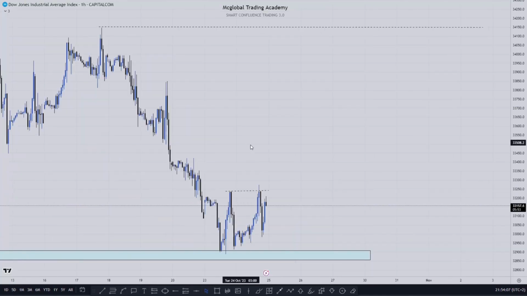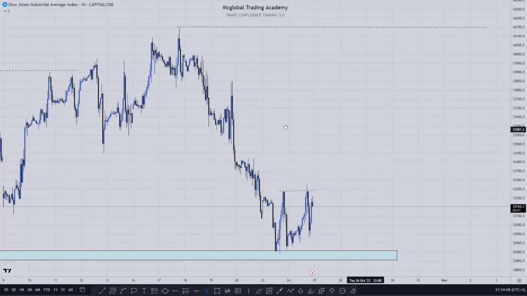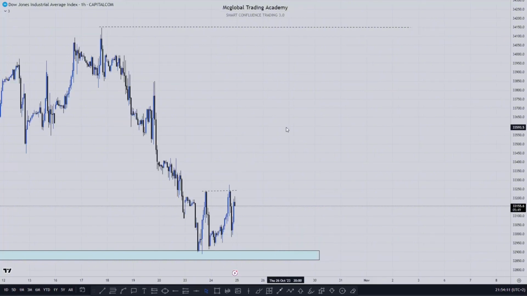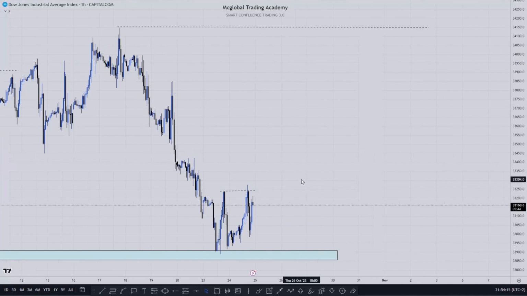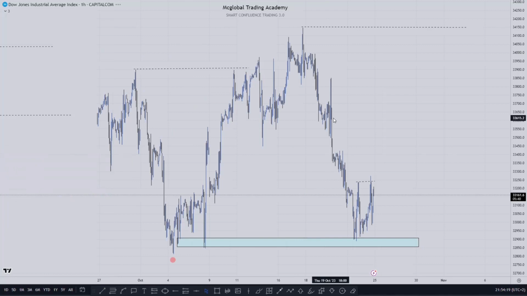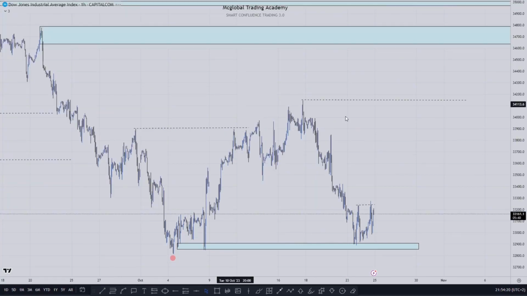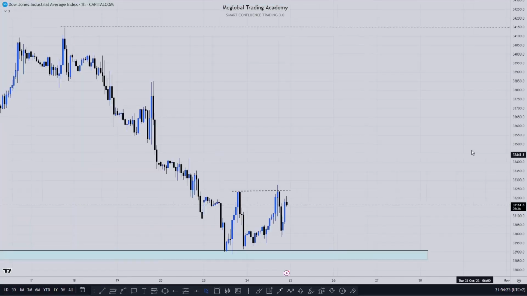Once they break there, we know that they are now going up. So they came, they dropped. It's still a bit of a tricky situation there, but otherwise, so far so good. We're anticipating buys because of all those reasons.